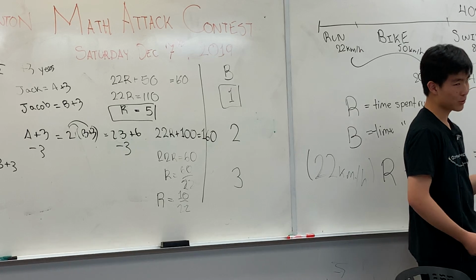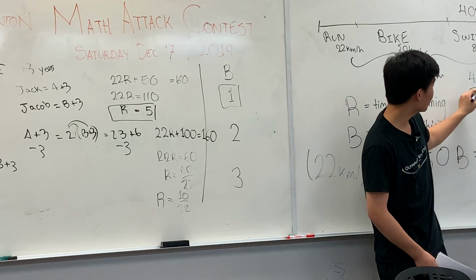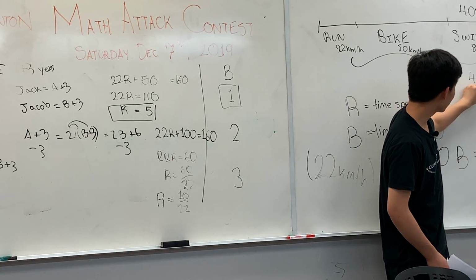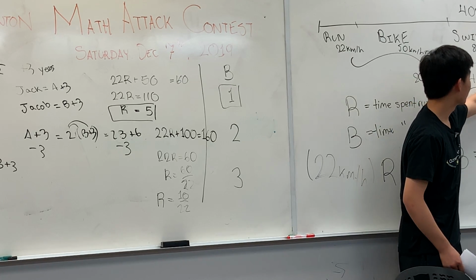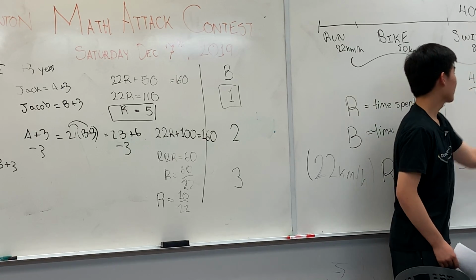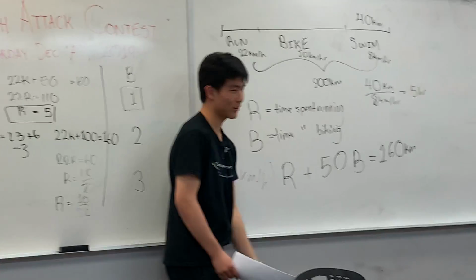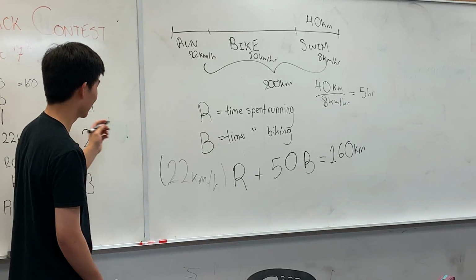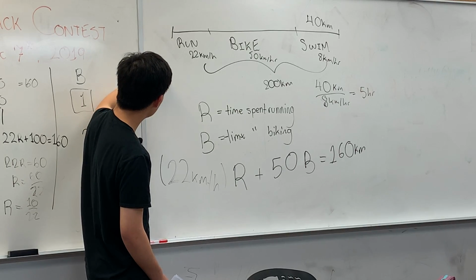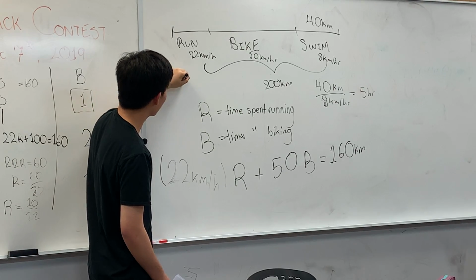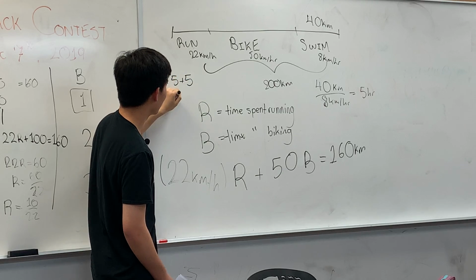And then the rate of swimming was 8 kilometers per hour. Which gives you 5 hours. So then if you take the sum of all of the things that we figured out, you get 1 plus 5 plus 5, which is 11.